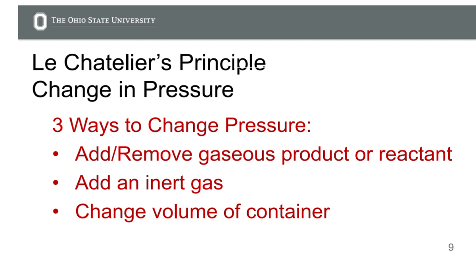Now we are going to look at how to affect our equilibrium by changing pressure. There are 3 ways we can change pressure in a system. We can add or remove gaseous product or reactant. We can add an inert gas, inert meaning it doesn't react.